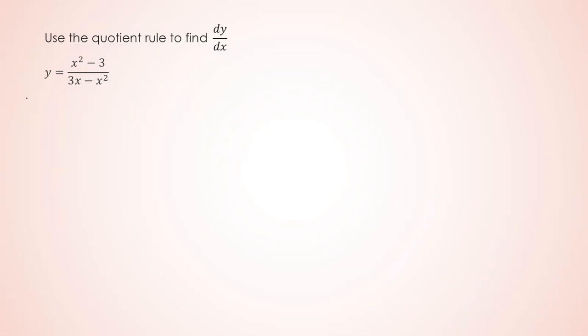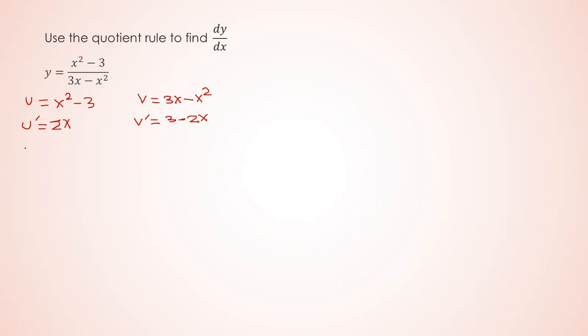Firstly, if u equals x squared minus 3 and v equals 3x minus x squared, it means du/dx equals 2x, and dv/dx equals 3 minus 2x, like this.